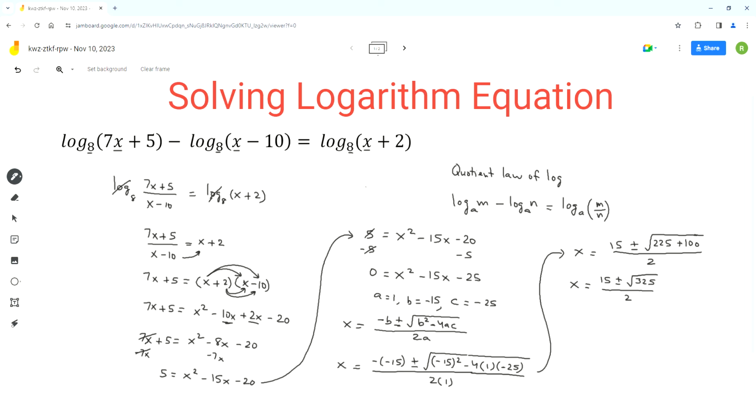Now 325 is not a perfect square, but we can simplify it. x equals 15 plus minus. If we break down 325 into its prime factors, it's 5 times 5 times 13, and I figured that out using my calculator, over 2. Now if I simplify this, I get 15 plus minus a 5 comes out of the square root and we are left with just 13 under the square root.